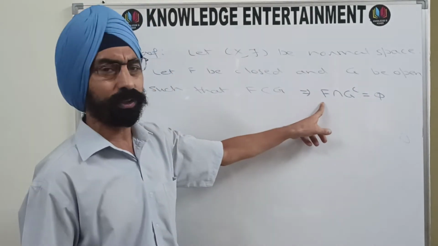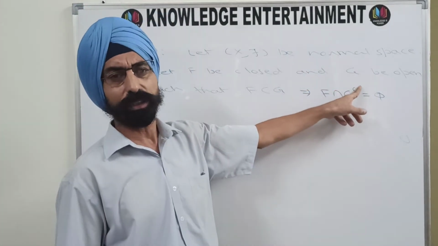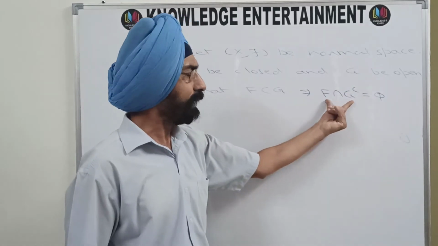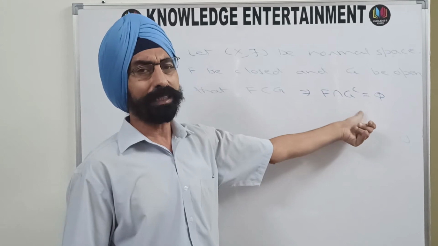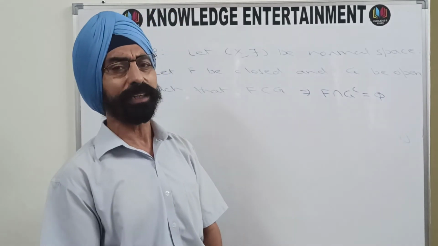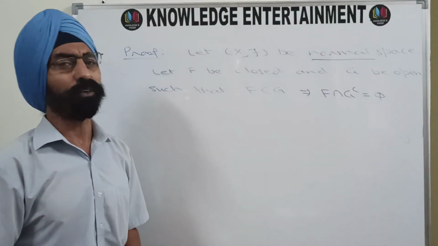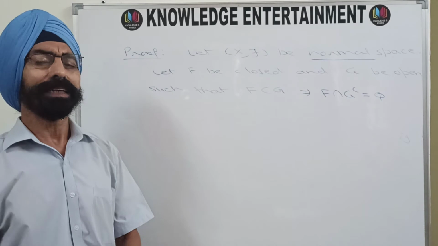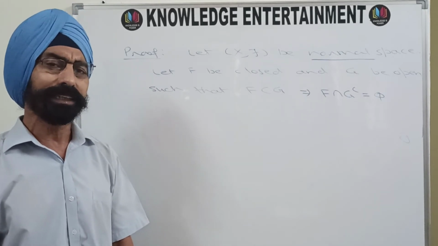Now F is closed. G was open, so G complement is also closed. So you have a pair of disjoint closed sets, F and G complement, but the space is normal. Therefore, by the Urysohn's axiom, there must exist a pair of disjoint open sets containing them.